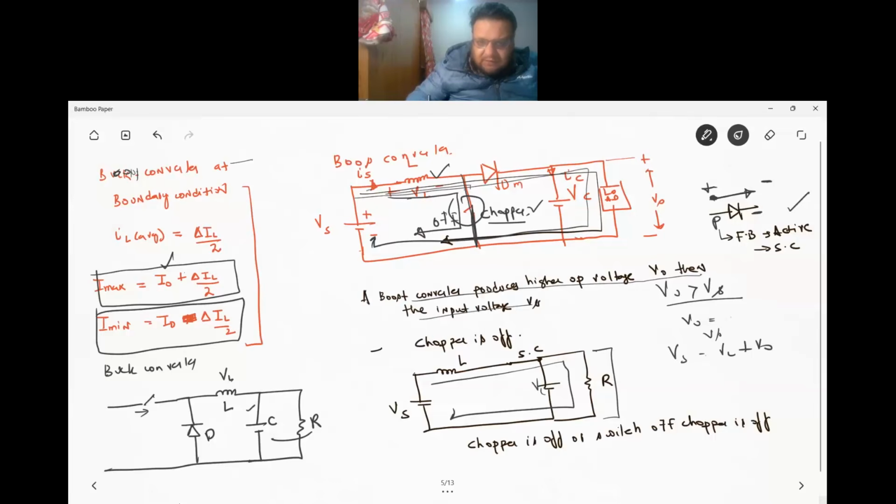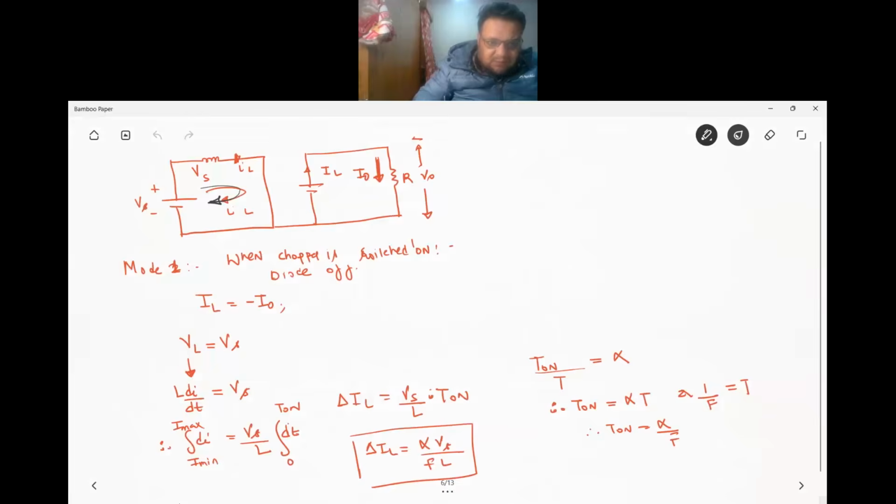So the diode is becoming reverse biased, and the current direction of I naught is going like this. You notice here I naught will move upwards, and IL is reverse. So that means IL is equal to minus I naught.